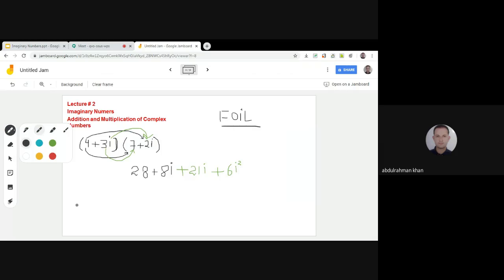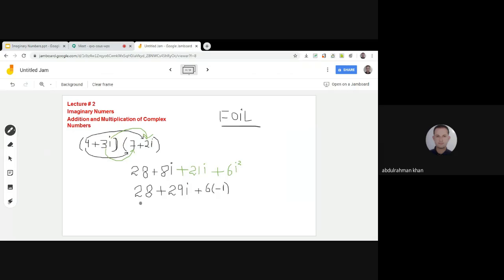This was the multiplication. Now we just have to add: 28 as it is. Always add the real part with the real part and the imaginary part with the imaginary part. 8i is imaginary, 21i is imaginary, so 21 plus 8, the answer is 29i, plus 6 i square. i square is minus 1, so in place of i square we will write minus 1, so it will become minus 6.